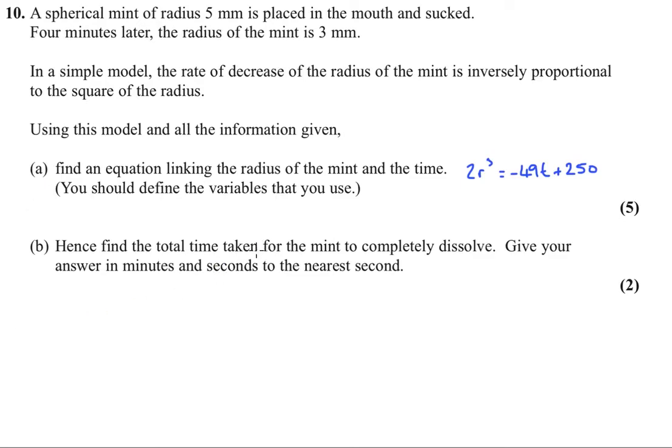Okay, hence find the time taken for the mint to completely dissolve. That will be when the radius is equal to 0. So 0 equals minus 49t plus 250. That's going to be t is 250 over 49, which is 5.10 minutes.